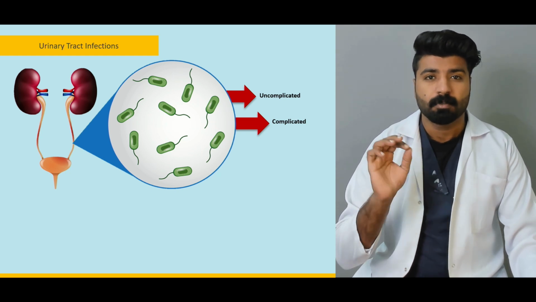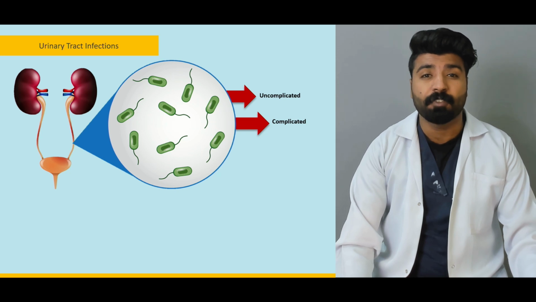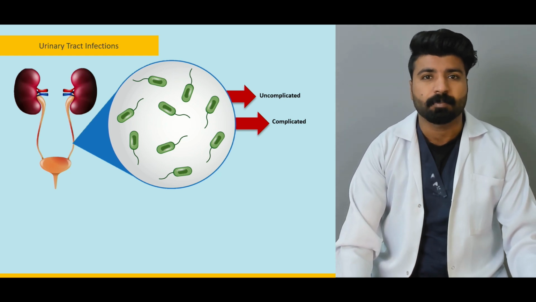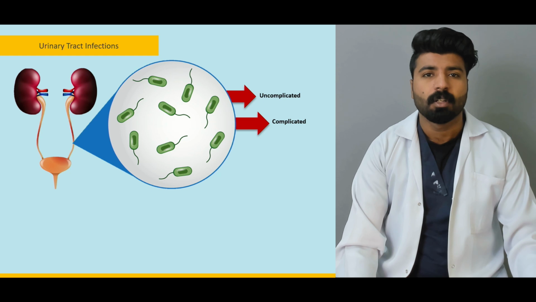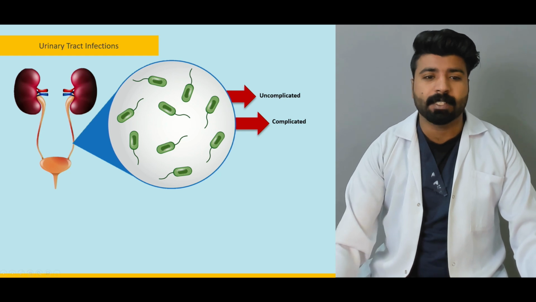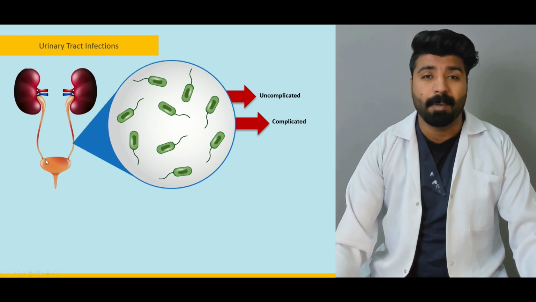Number 4, all of those factors which will contribute to the hematogenous spread of this disease, like sepsis, will lead to complicated UTI. And afterwards, if there is any structural abnormality of this whole system, it can be abnormality of the ureters, of the urethra, of the prostate, or of the bladder; in females, it can be structural abnormality of the urethra.